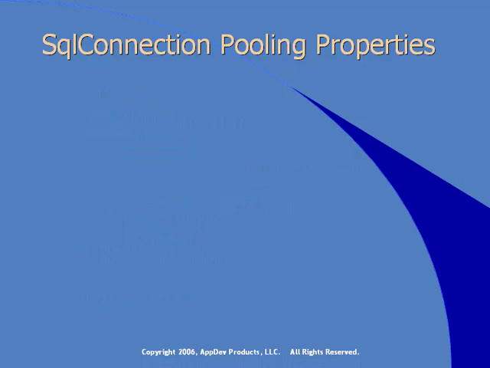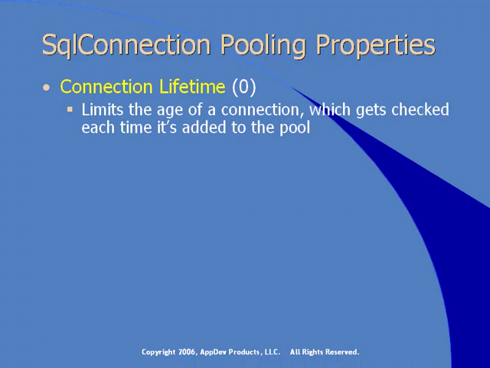Now there's also a connection lifetime property. This defaults to 0. And we'll talk about what that means in a second. But what this does is it limits the age of a connection, okay? And this age gets checked every time a connection's added to the pool. There's actually a creation time for every connection.